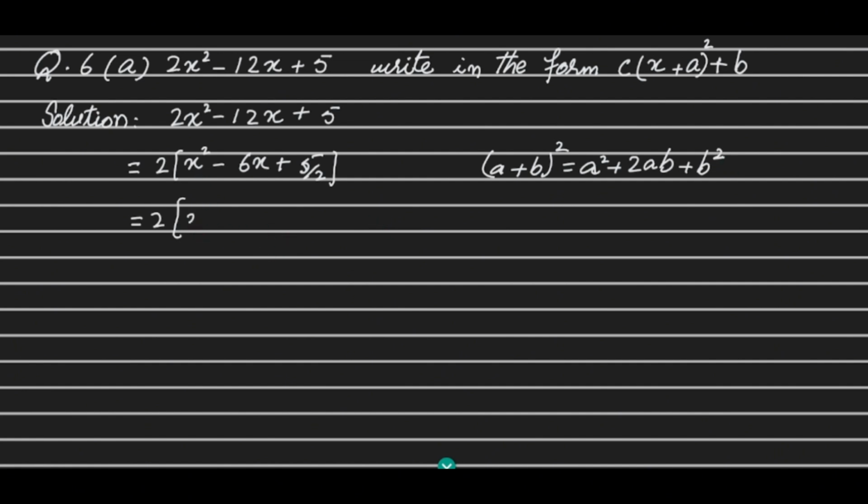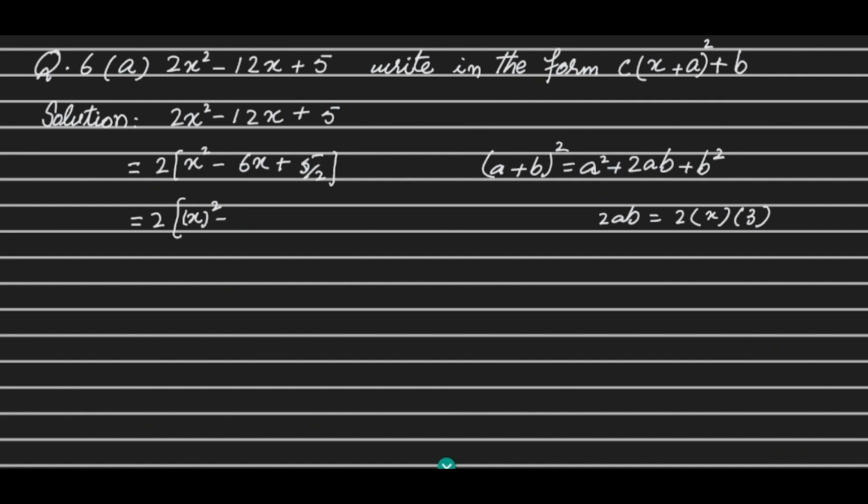The first one is a squared, and the term involving x is like 2ab. We write 2, here is x, and the b will be, we see this term is 6x. So we multiply by 3 to get 6x.